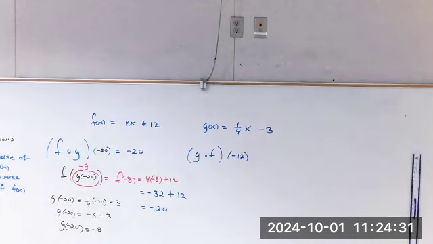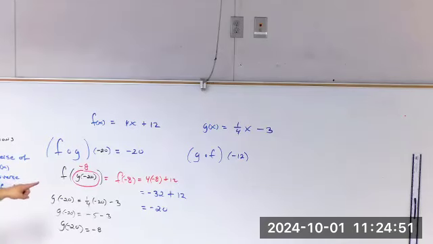F undid what G did to the negative 20. Like a magician. Change it, put it back together. That's what inverse functions do. They undo each other. Each other means G has to undo F.